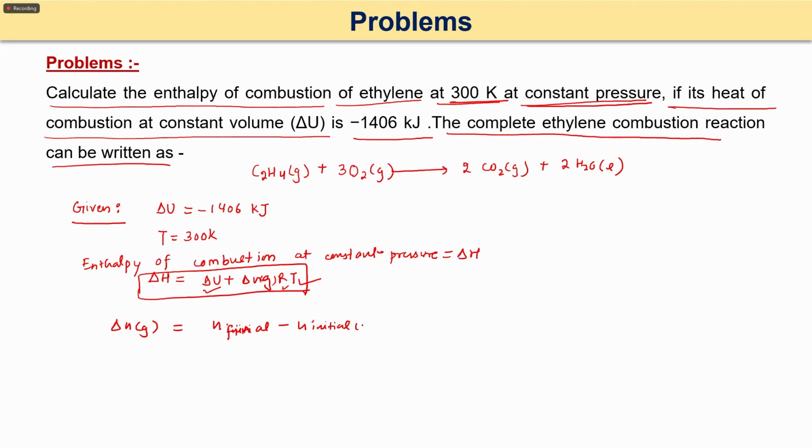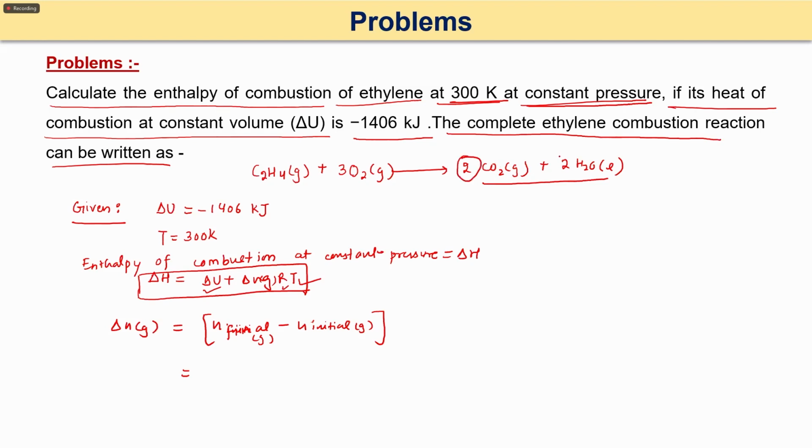So the initial number of moles of gases will be subtracted from the final number of moles of gases. The number of moles of gases in this case is 2 only.